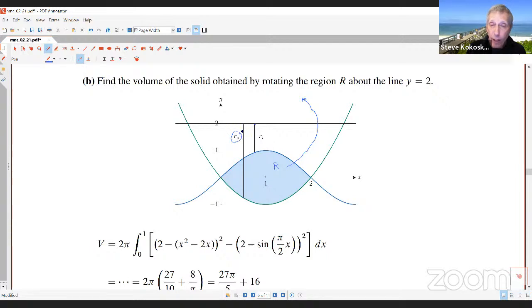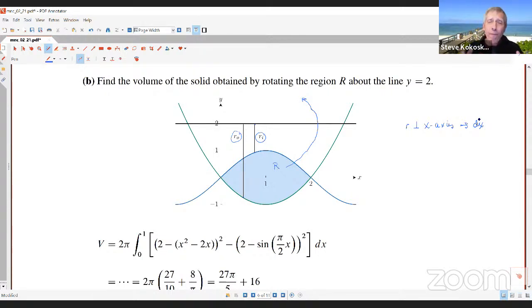Here's my outer radius and my inner radius. Now, what I notice is that those radii are perpendicular to the x-axis. Yes, they're perpendicular to this line y equal 2, but they're perpendicular to the x-axis. And to me, that says that I have to integrate with respect to x.